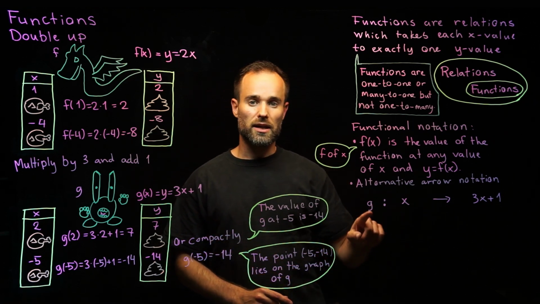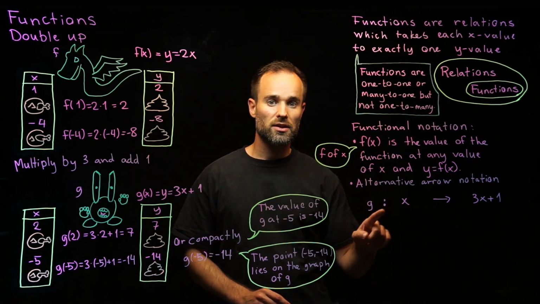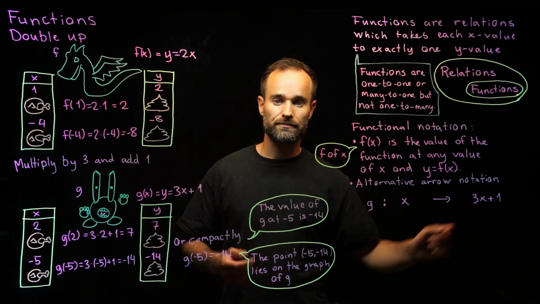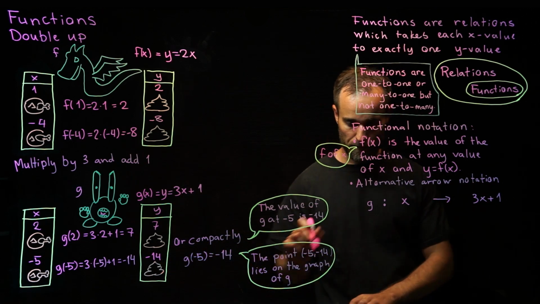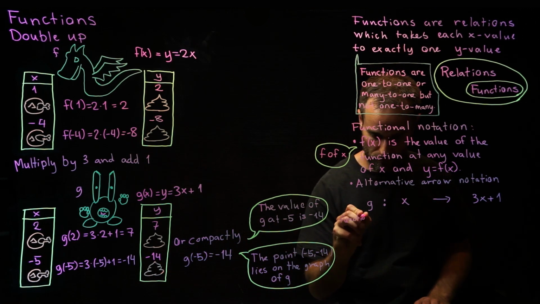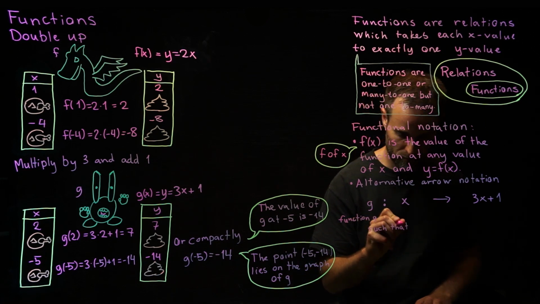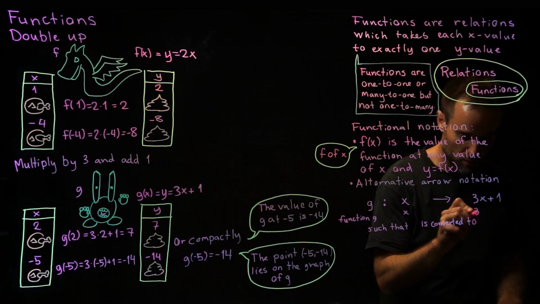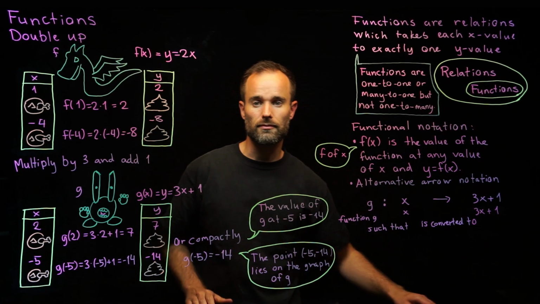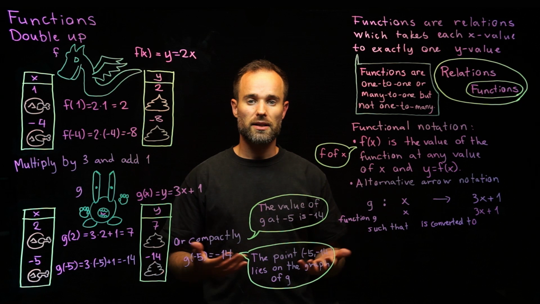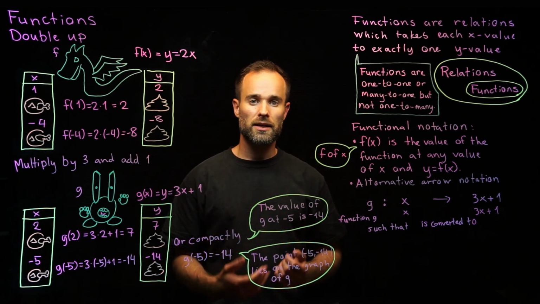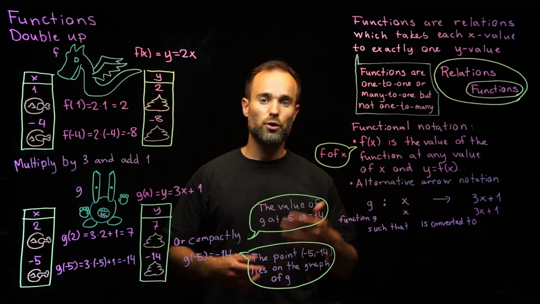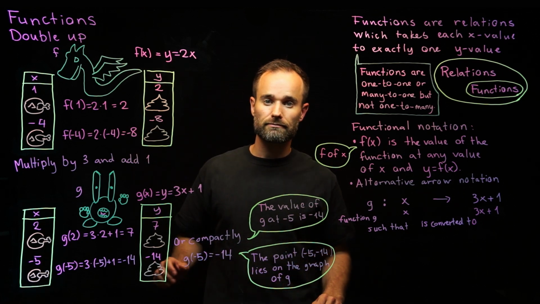This reads that g is a function such that x is converted to 3x plus 1. X represents a member of the domain and determines the value of only one member y in the range for g to be a function.